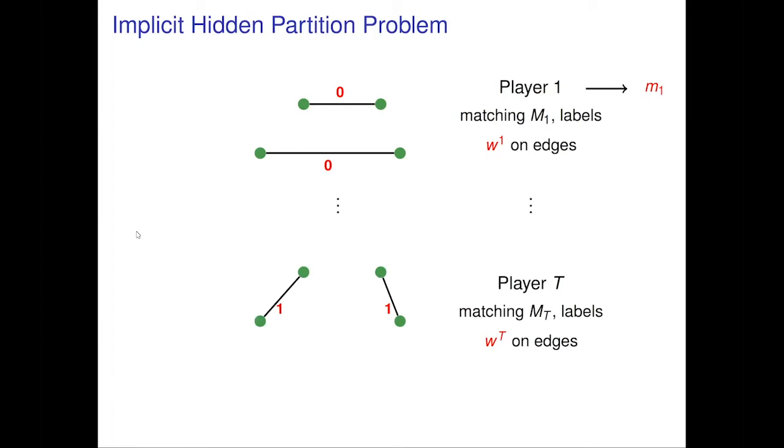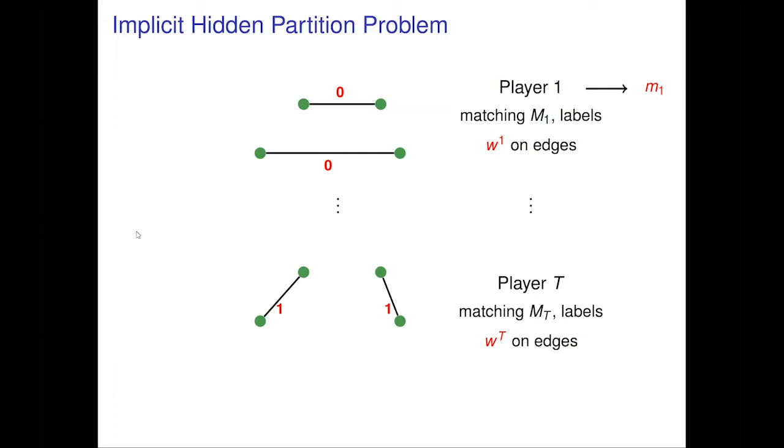Think of T as a large constant. Every player receives a random matching of linear size, together with labels W on the edges of the matching. Player 1 receives a matching M1 and labels W1, shown here in red, and posts some message about these labels on a common board for the subsequent players to see.